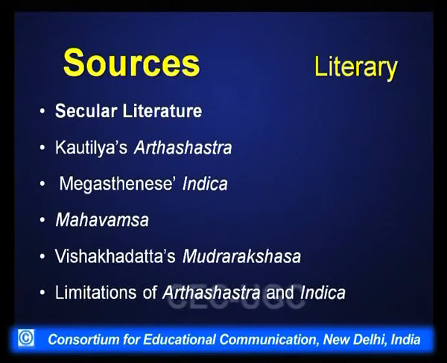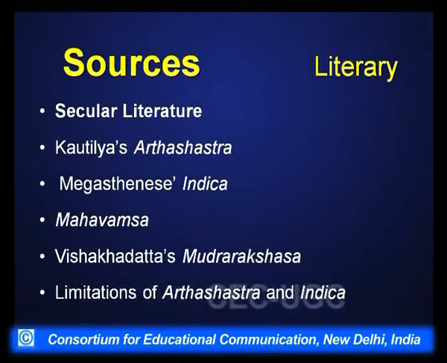It's not that the original text of Megasthenes is available. The information available in Indica is available in the form of quotations of later writers. So, the first problem is that the book itself is not available.